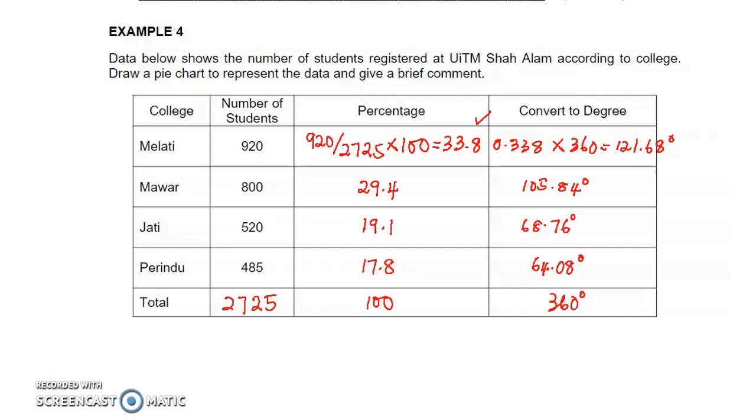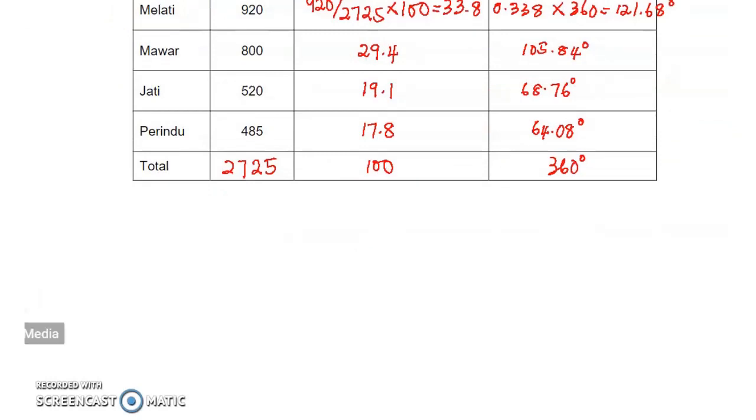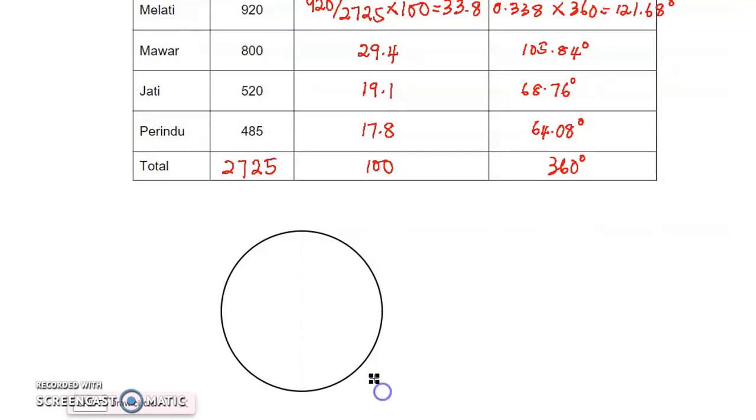Okay, how to draw the pie chart? First, draw a circle. Then draw a horizontal line. Take your protractor and look at the degree for each sector.